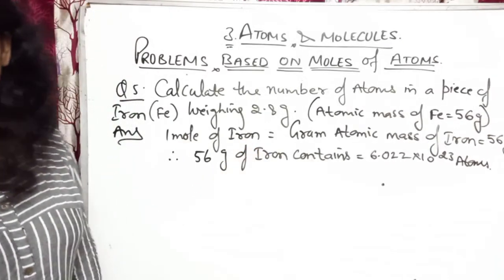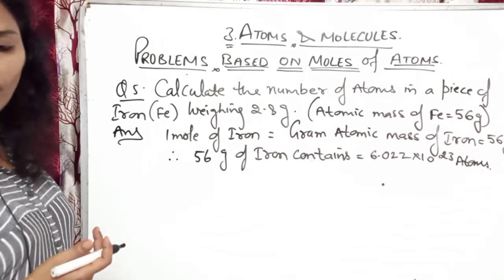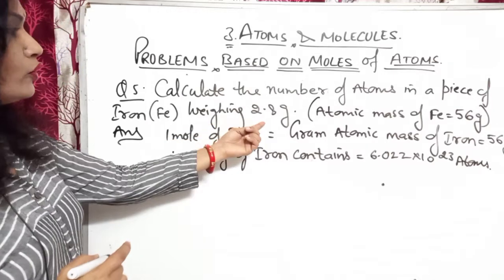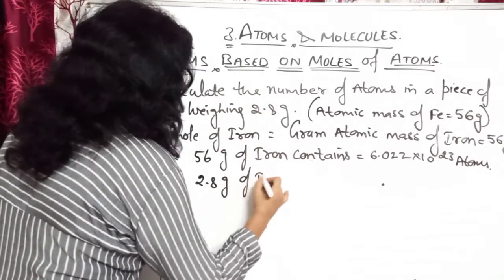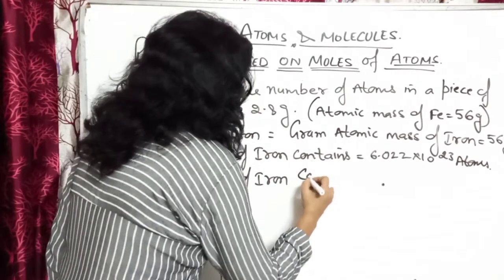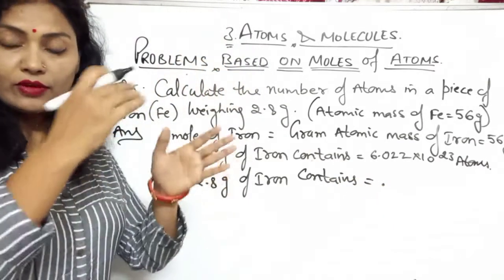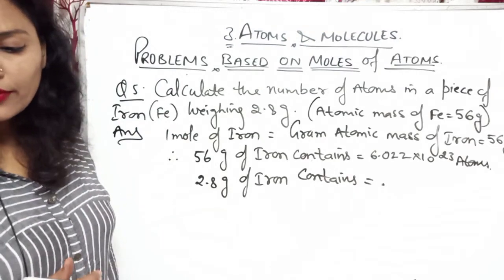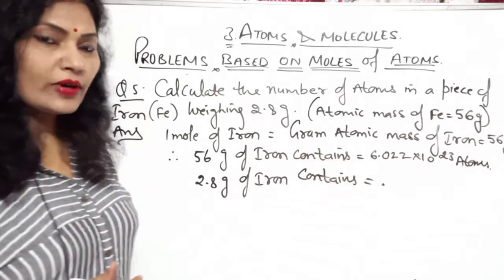Okay, so 2.8 gram of iron contains how much? What is the formula that was given by me? Given mass upon molar mass, into the number of atoms.